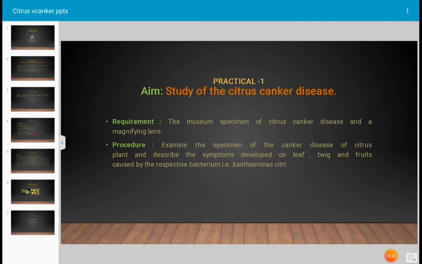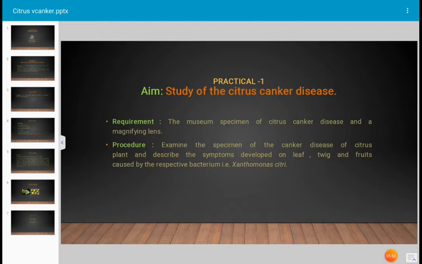Just observe the specimen, because the pathogen which causes citrus canker disease is a bacterial pathogen, and in your practical there is no need of isolation. As per the syllabus, there is no need of isolation of the citrus canker pathogen. Therefore, just observe the infected plant material, and write the symptoms and the details of Xanthomonas citri.